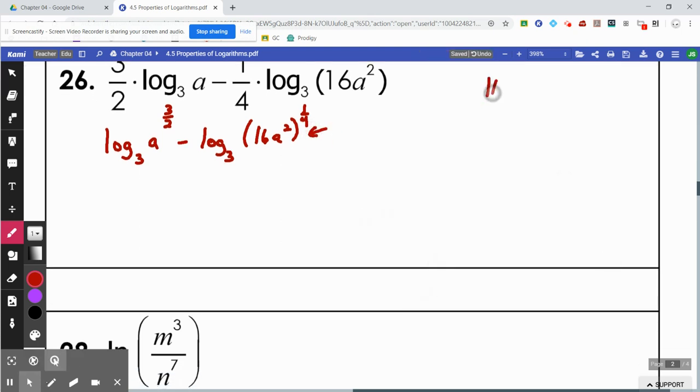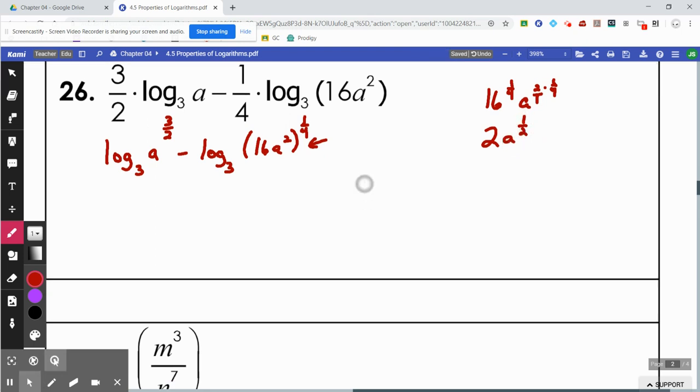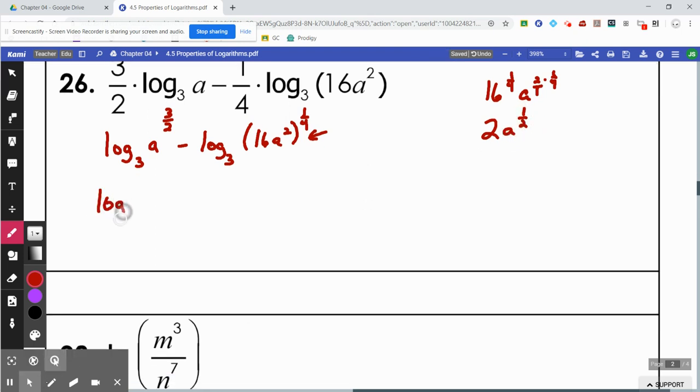We've got to do 16 to the 1/4 power and a squared to the 1/4 power. 16 to the 1/4, the fourth root of 16 is 2. A squared to the 1/4, multiply your exponents, is going to give you a to the 1/2. So therefore we have log base 3 of a to the 3/2 minus log base 3 of 2a to the 1/2.